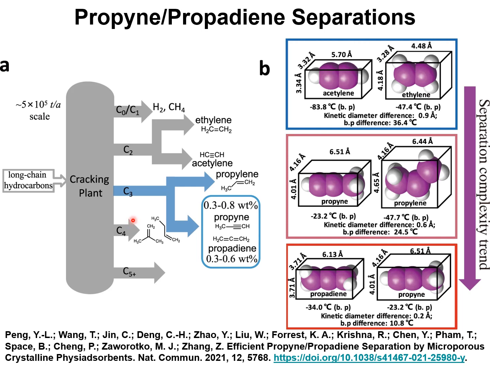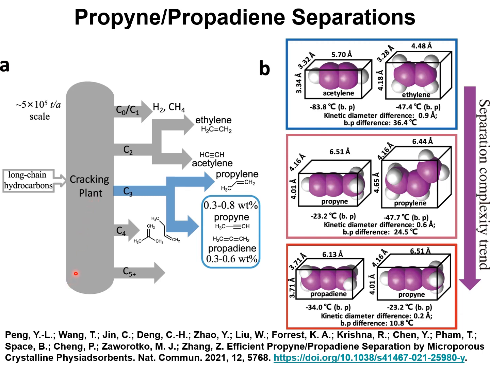Propadiene is an important feedstock for organic synthesis, and an important source of propadiene is from cracking of hydrocarbons. Propadiene is often available as a mixture with other gases such as propyne.